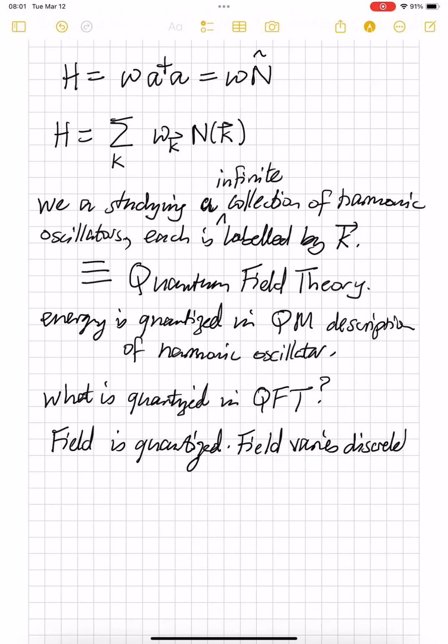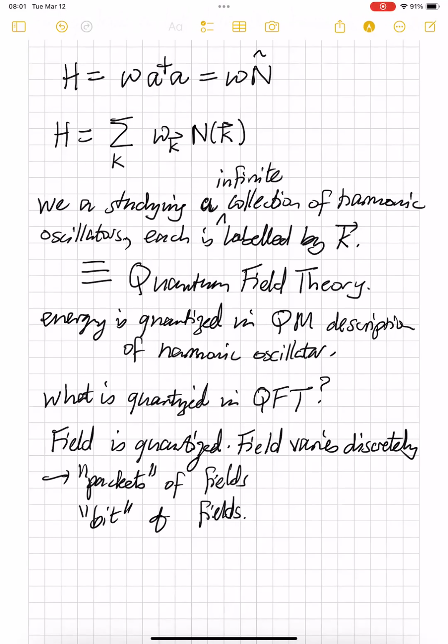You have packets of field, or maybe say bits of field, a little bit of the field. And this little bit is the smallest bit you can get. You can't slice it up further. Well, these bits of the field, these packets of the field, we usually call particles.